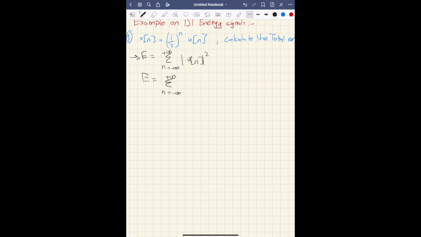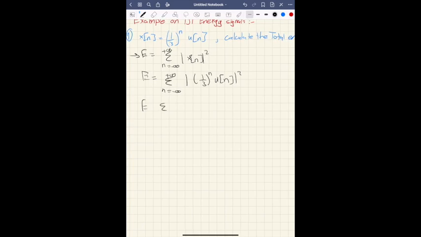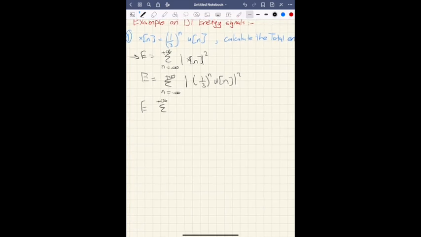And we set the limits from -infinity to +infinity. And here we have the input of (1/3)^n u of n, all squared. When simplifying this, we get the sum from n equals 0 to +infinity of (1/3)^n, and the u of n will be cancelled.